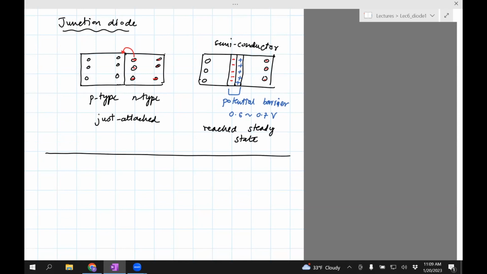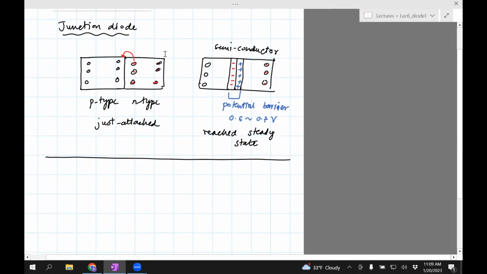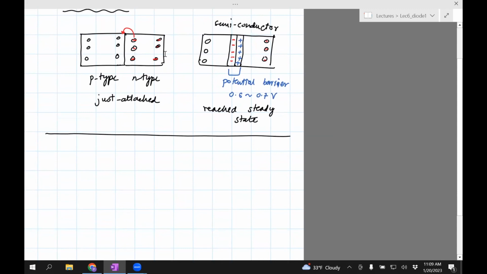I said voltage source is one way to do it. So there are two ways to connect this diode, which we'll be looking at very closely. Two ways of connecting the junction diode.